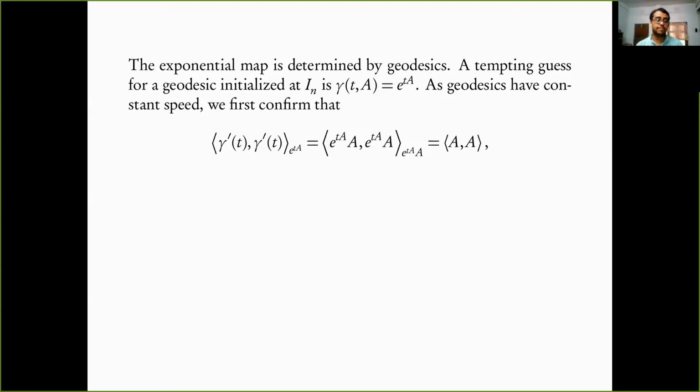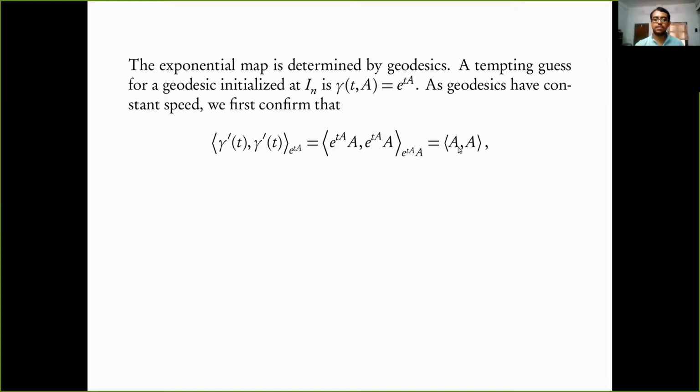If you take gamma prime t at the point e to the tA, what do you get? You get e to the tA times A at the point e to the tA. This is the typo, just ignore that when you see the handout. But by left invariance, I can just knock off these e to the tA's, and I can ignore this.